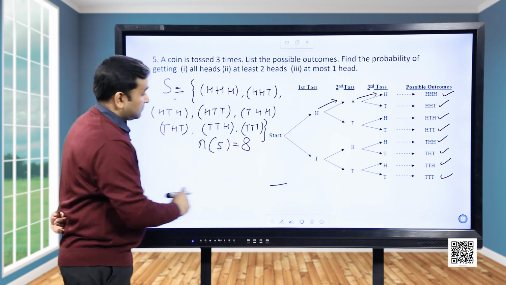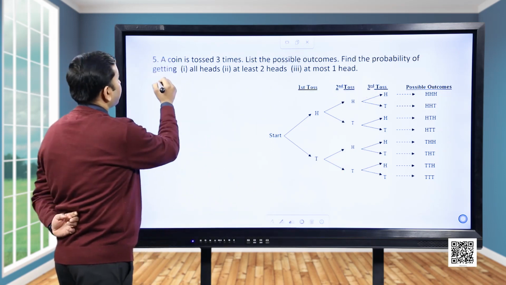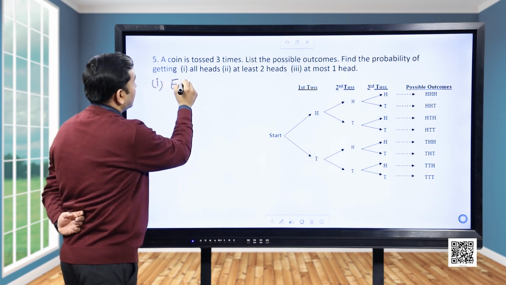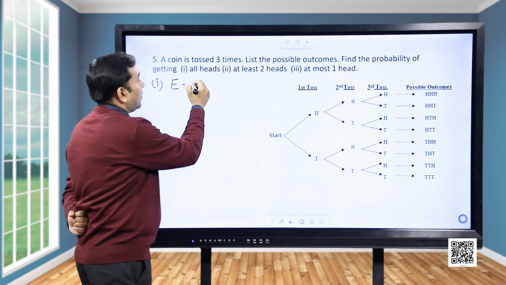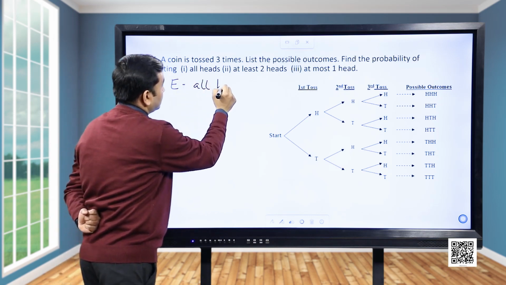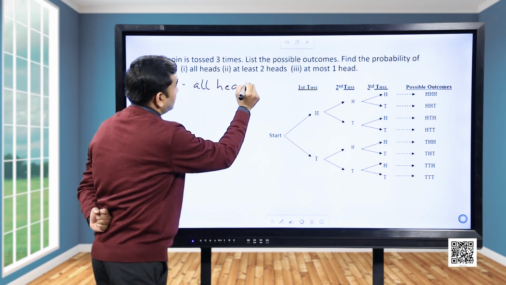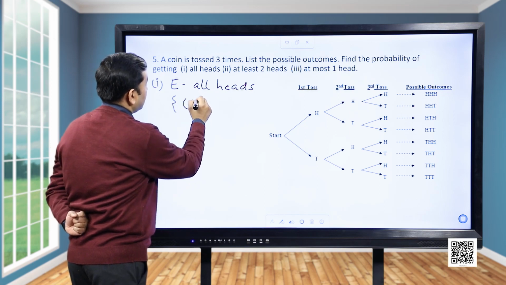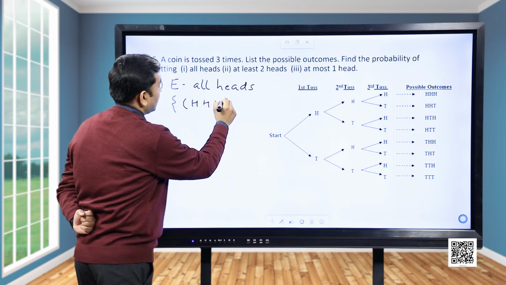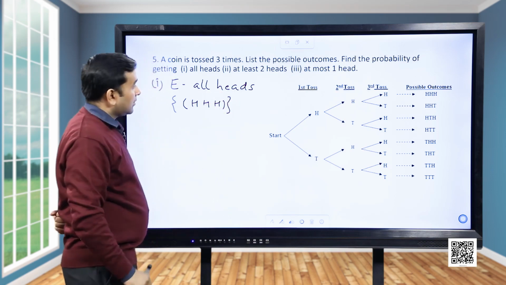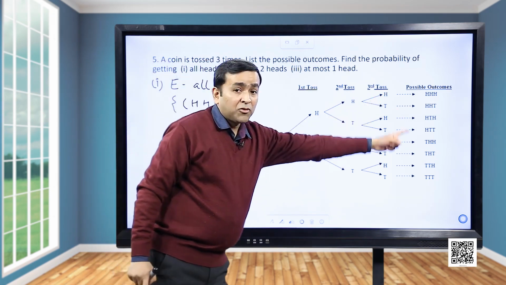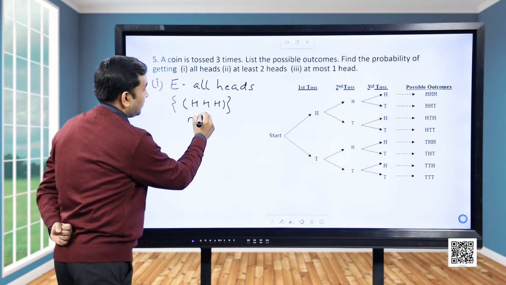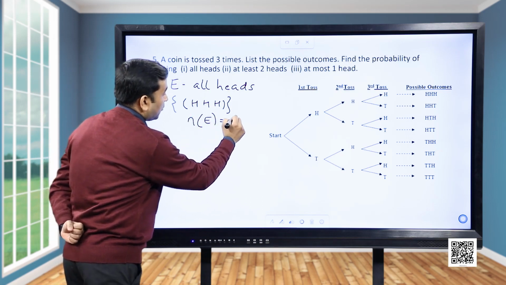We get all the heads. Let E be the event such that we get all heads. That means, what is our favorable outcome? This is H, H and H. Any other? You have all the possible outcomes here. Look at these. So, the number of favorable outcomes is 1.